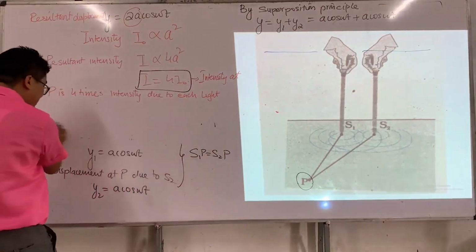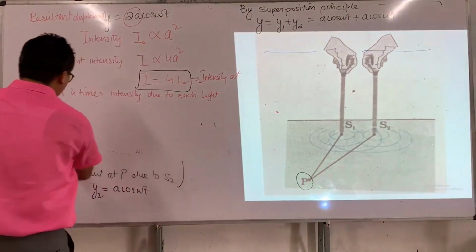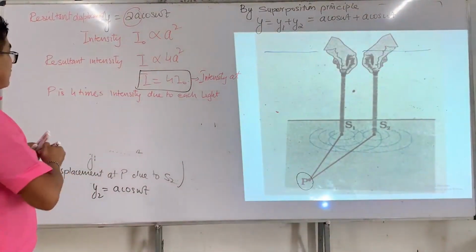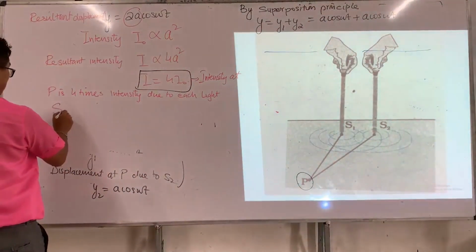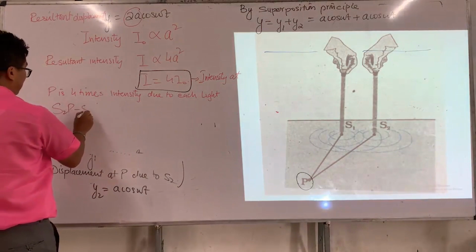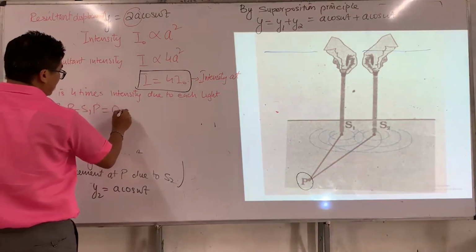The 2 waves interfere constructively. So what is the path difference? The path difference, S2P minus S1P, is going to be 0.